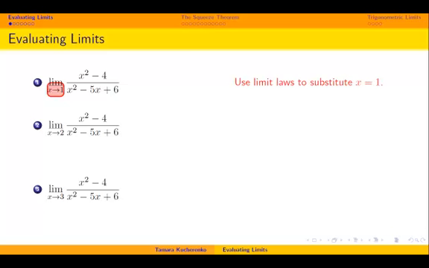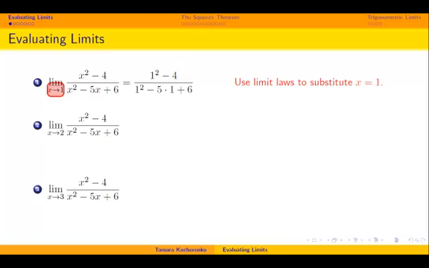Let's start with the first example. The limit as x approaches 1 can be computed by application of the limit laws, which in this case boils down to substituting 1 for x.